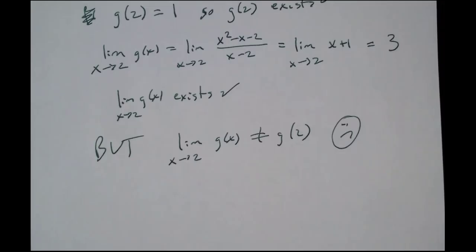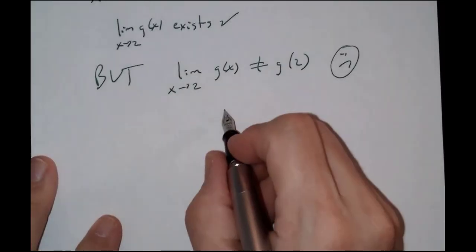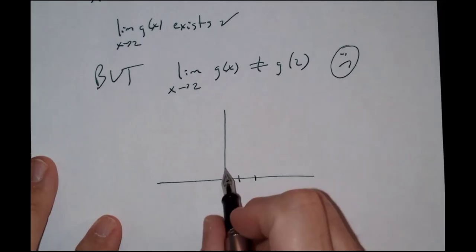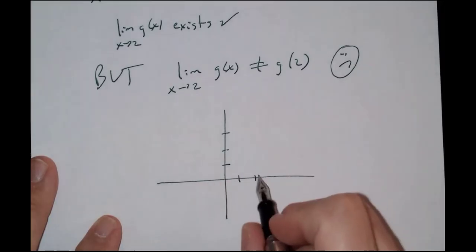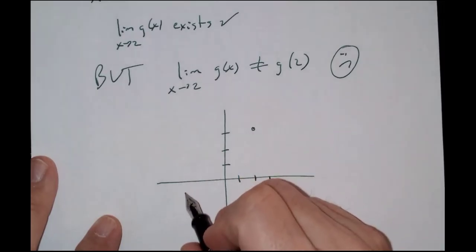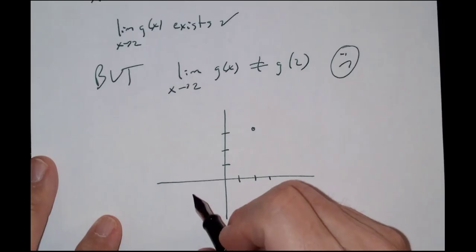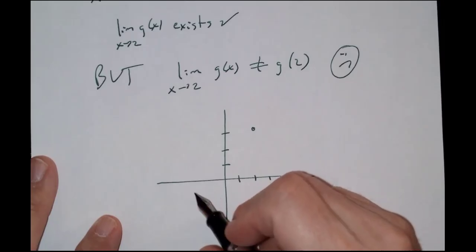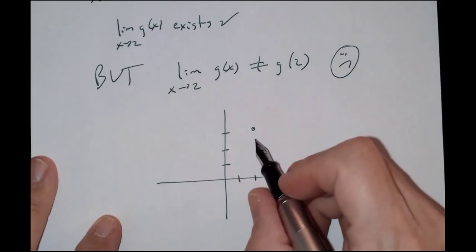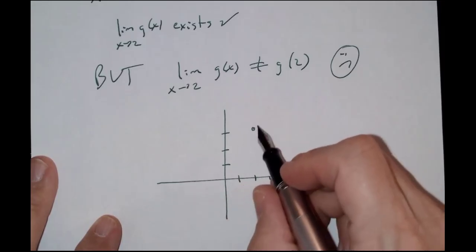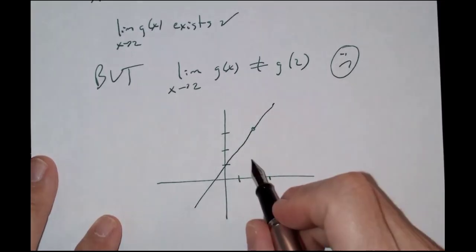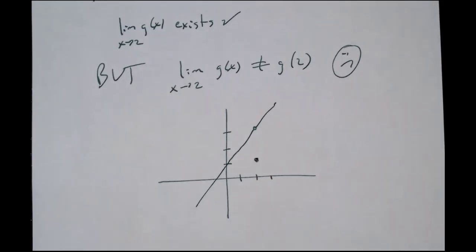The graph of g of x should look like that.